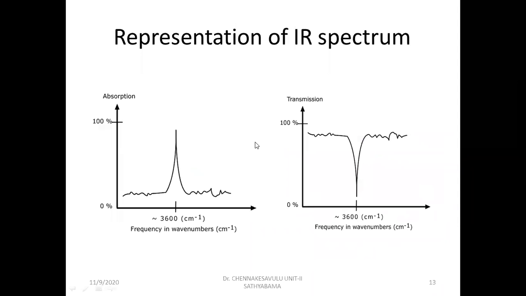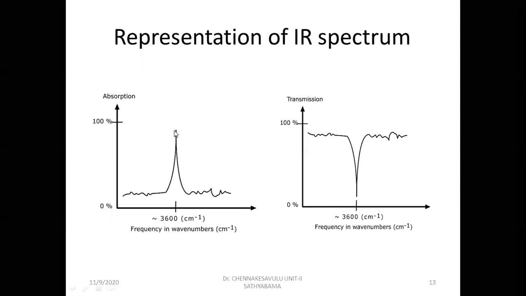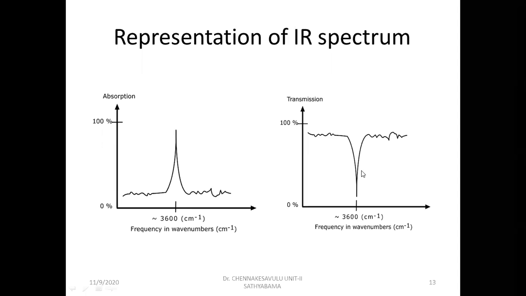Now on the y-axis, we can write either absorption or transmission. You see that the peaks are opposite to each other, absorption and transmission. At this point, absorption is very high, 95 or 96%. The transmission is the reverse.